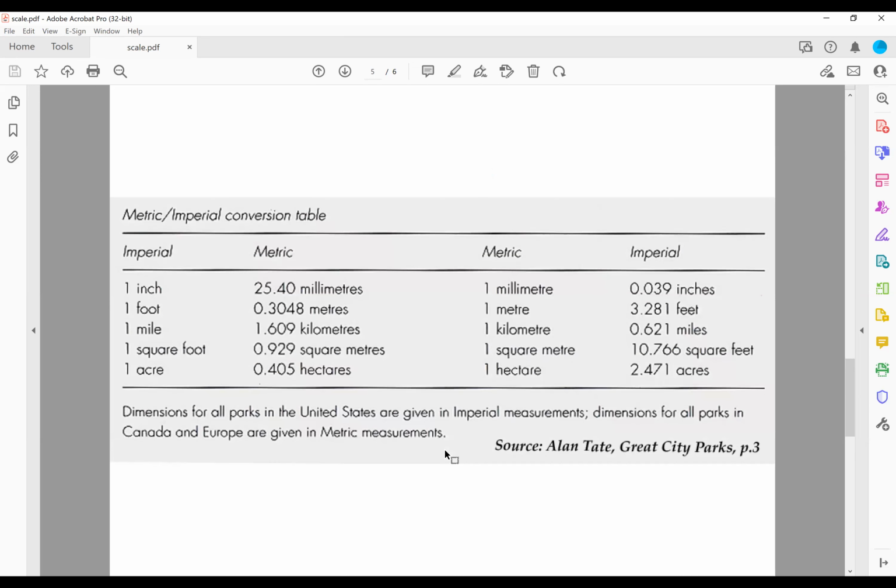These are some good reference numbers to take a look at. I always use 1 foot equals 0.3048 meters, and 1 meter equals 3.281 feet, or if you want, you can round it to 3.3 feet. Those are good for converting from feet to meters and from meters to feet.